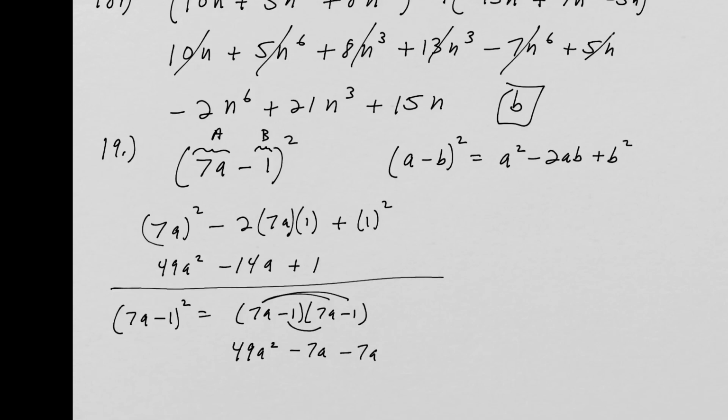It's another negative 7a. And then negative 1 times negative 1 is plus 1. And then if you combine the a's, right, negative 7 minus another 7 is negative 14a plus 1. And you'll get exactly the same thing, right? So you can do it either way. It's totally up to you. Choose whatever way you feel more comfortable with. So in this case, I guess B is the correct answer.